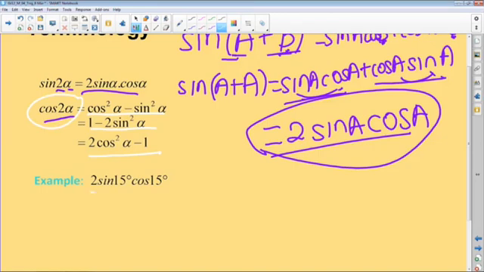Well, if I've got 2 sine 15 degrees times cos 15 degrees, so I've got this part of the formula, I know that I can go backwards and rewrite this as sine of 2 times my angle, and my angle is 15. So that's going to give me sine of 30 degrees, and that will be a half.